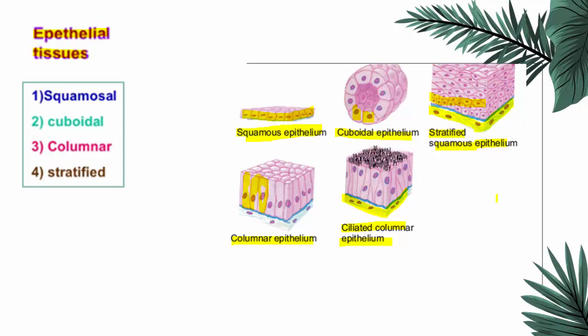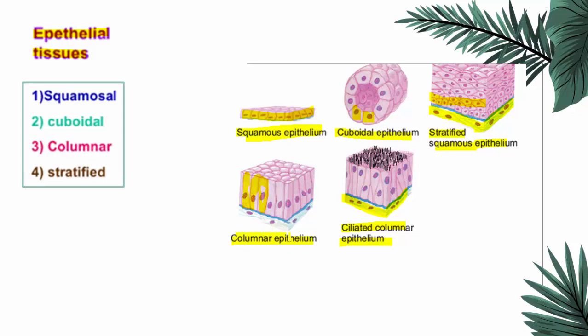Cells of the epithelial tissues are resting, that means they are present, situated or residing on a specific membrane called basement membrane. So basement membrane is the indication that the tissue is belonging to the group of epithelial tissues. Just you look at this image and this one, what is the difference?